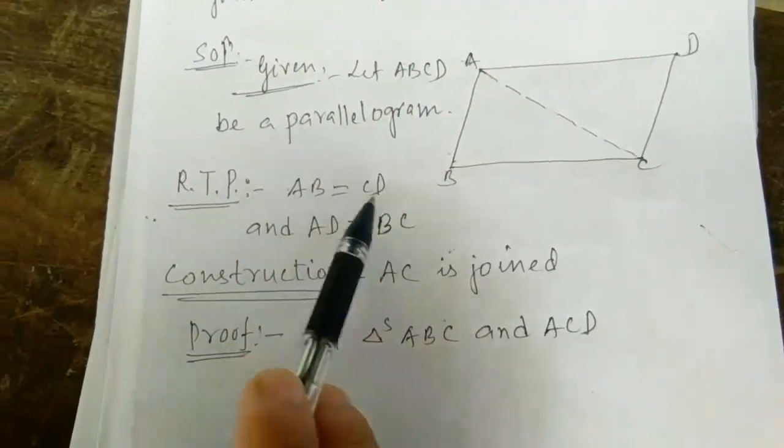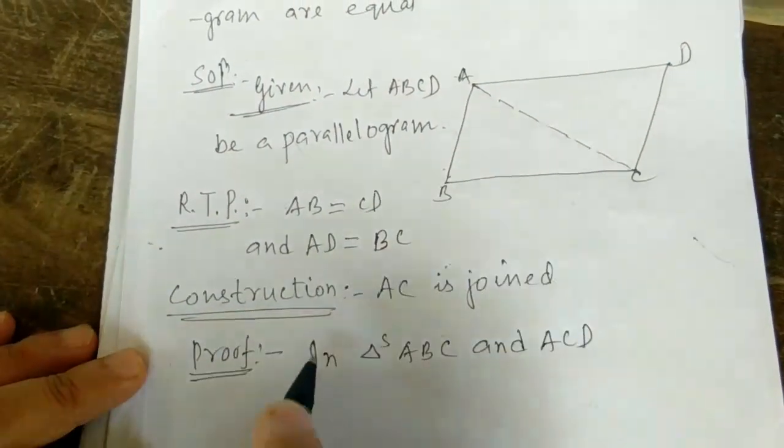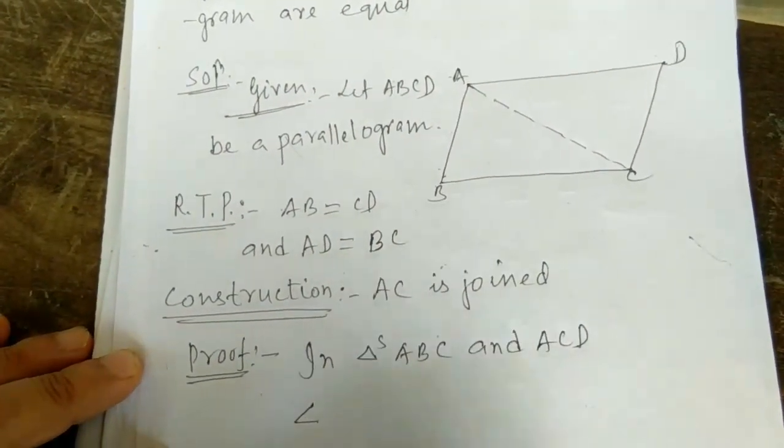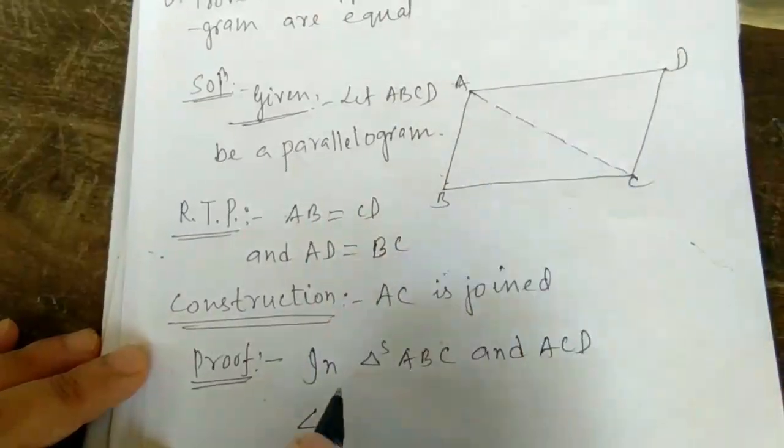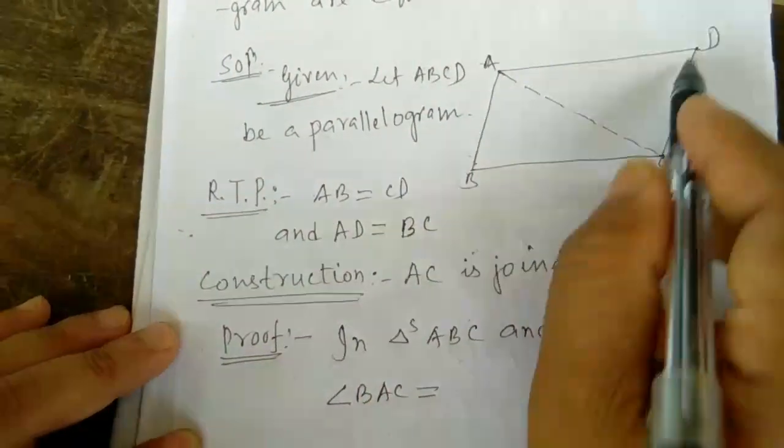What we have to prove, that one you cannot take in the proof. You can write like this: angle BAC equals angle ACD.